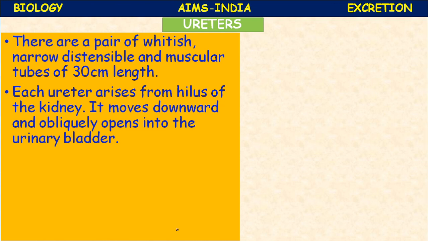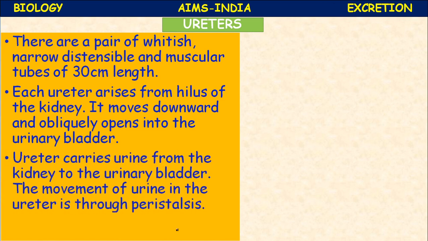It moves downward and obliquely opens into the urinary bladder. The ureter carries urine from the kidney to the urinary bladder. The movement of urine in the ureter is the same as the movement of food in the esophagus. Peristalsis, a wave like movement.